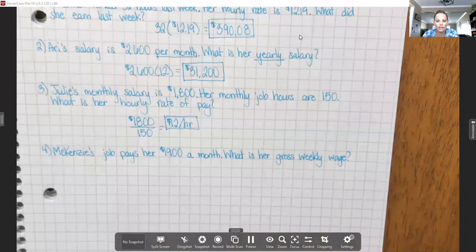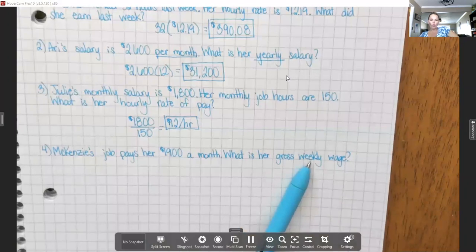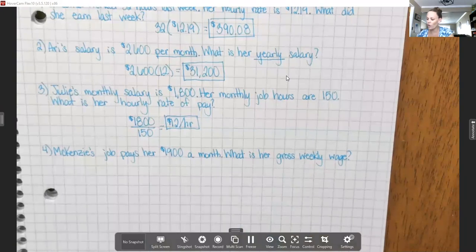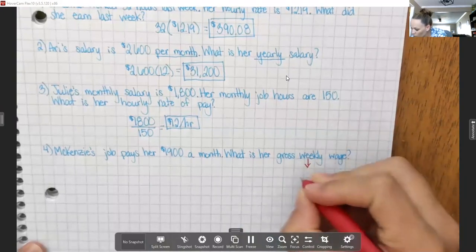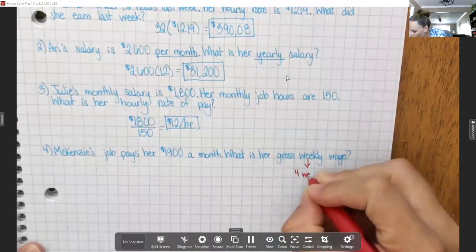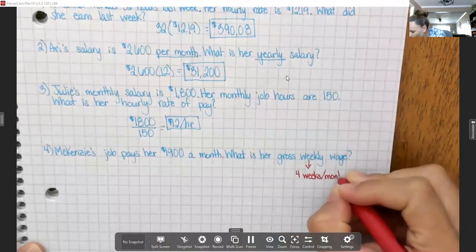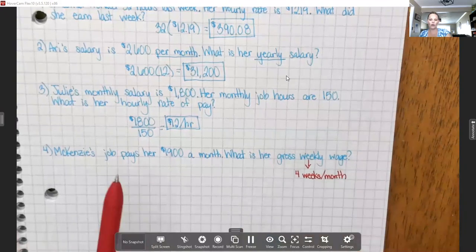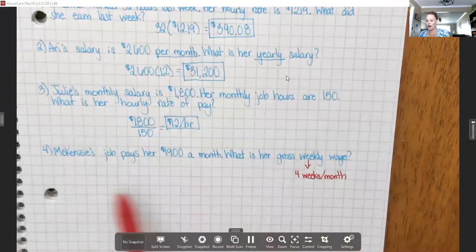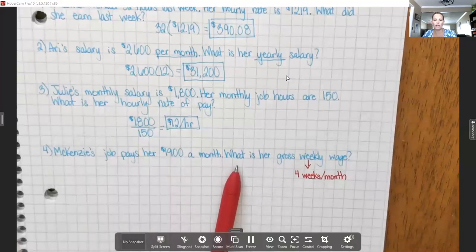Also on this example, this is how much she makes a month, and we want to know weekly. What we're going to do here is we're going to kind of assume there's 4 weeks per month. And I know that's not quite accurate, and if it were a test or something, I would try to be more specific. I put this one on here because there's one like this in your worksheet today.